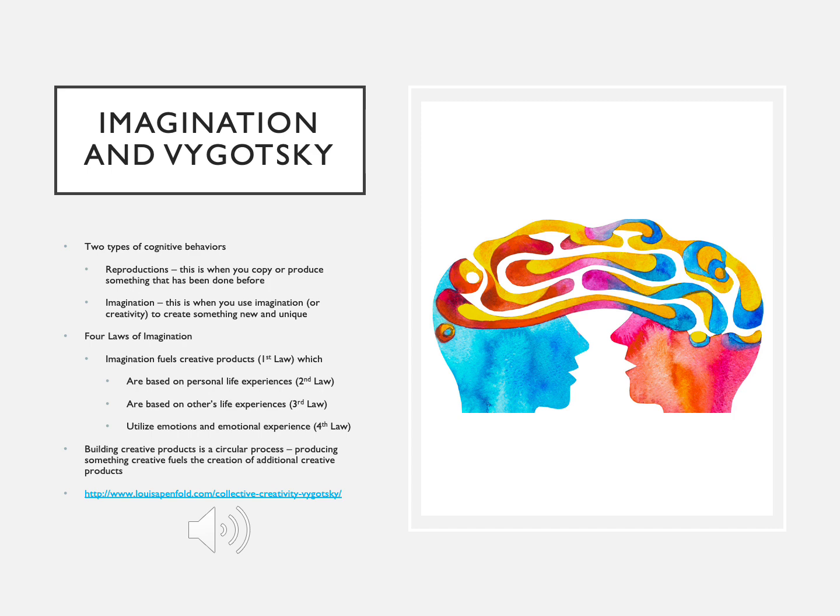But I wanted to share a little bit about imagination and creativity, specifically Vygotsky's understanding of our imagination and the two types of cognitive behaviors of reproduction and imagination. And so when we hear reproduction, that's the ability to reproduce. So we are almost copying and pasting or coming up with something that's already been produced before.